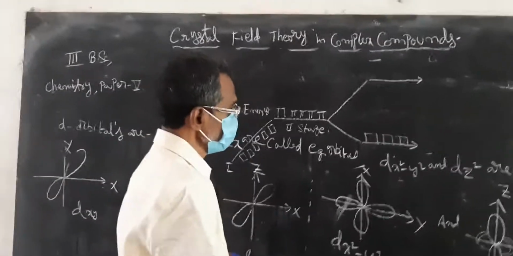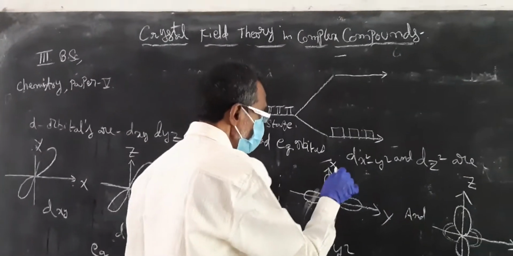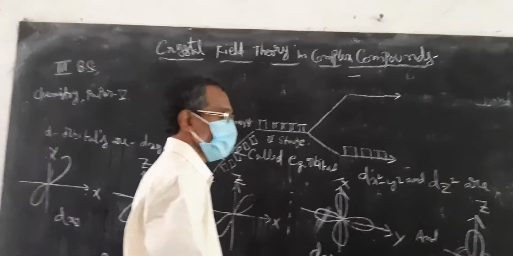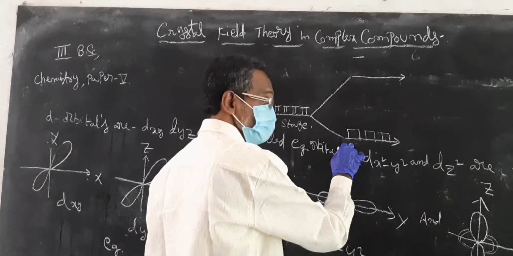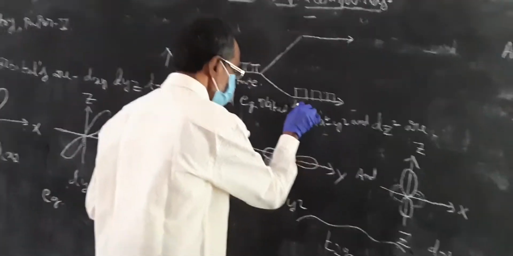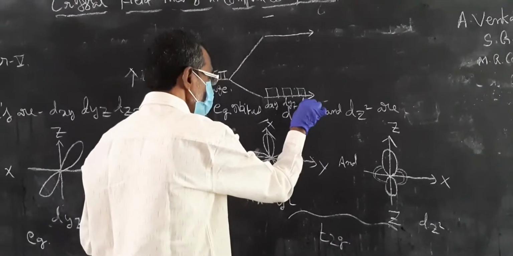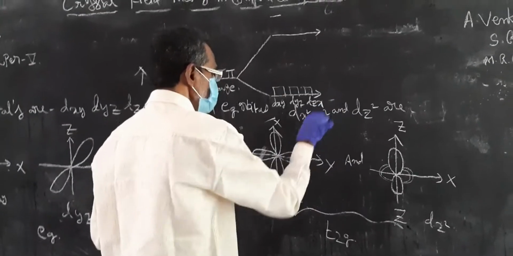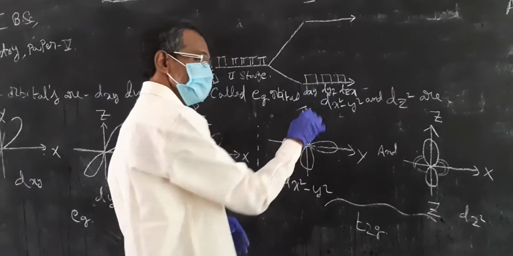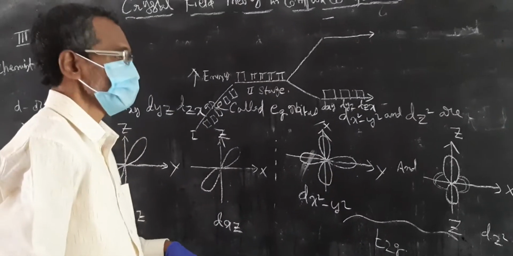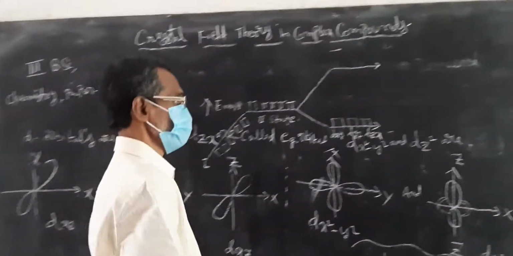That's why the Eg orbitals are low energy and remain in the ground stage. These are the more stable orbitals.